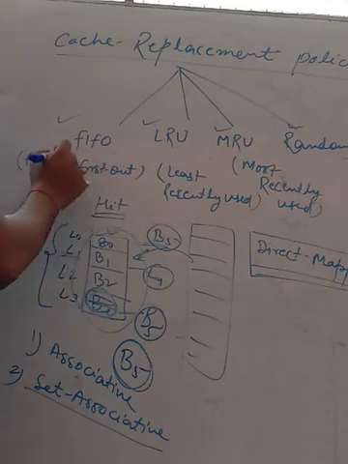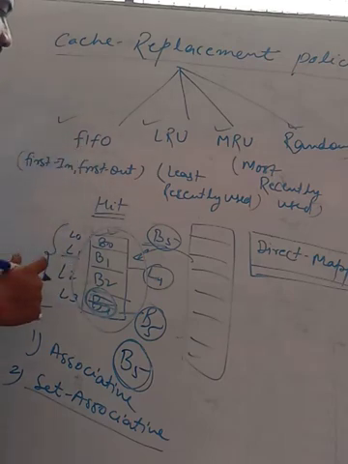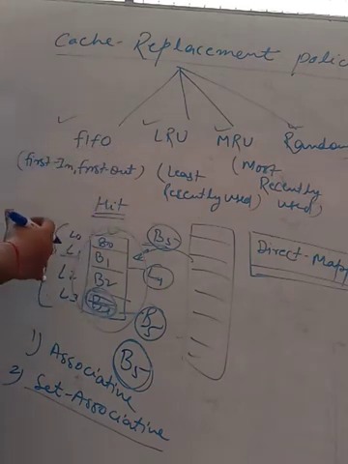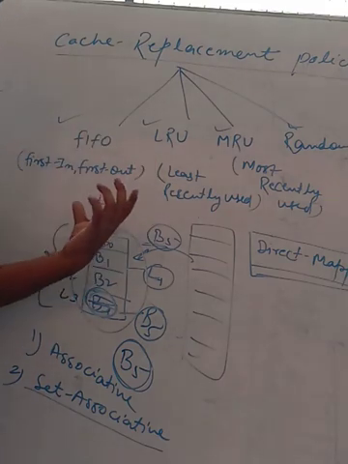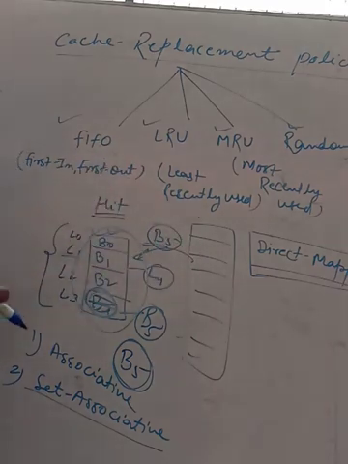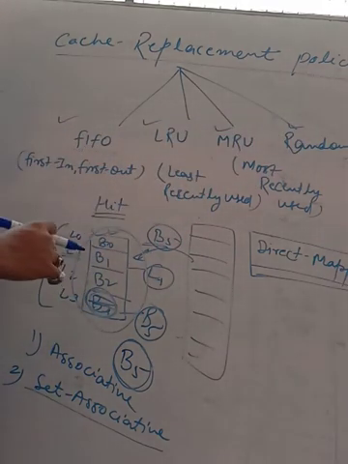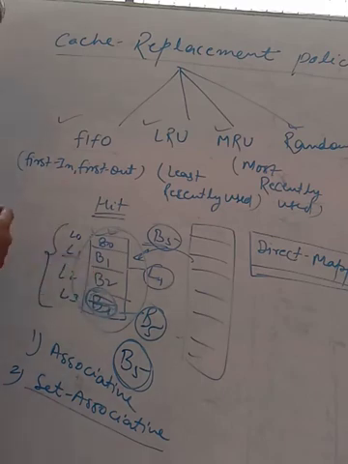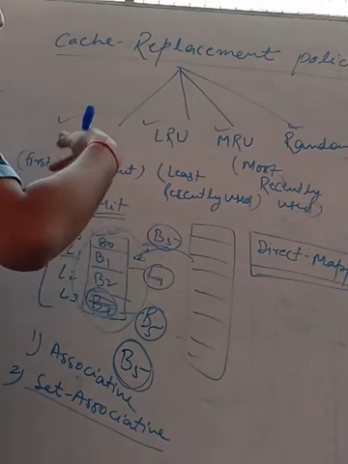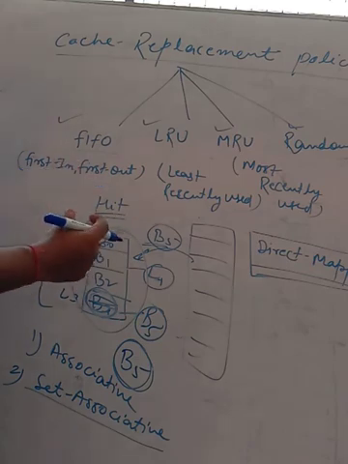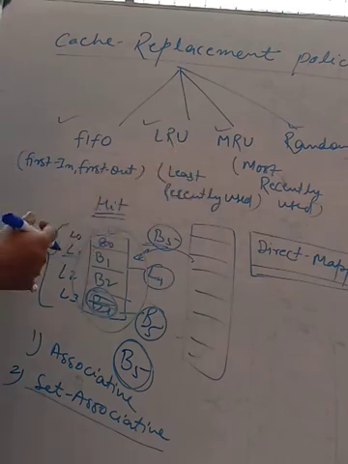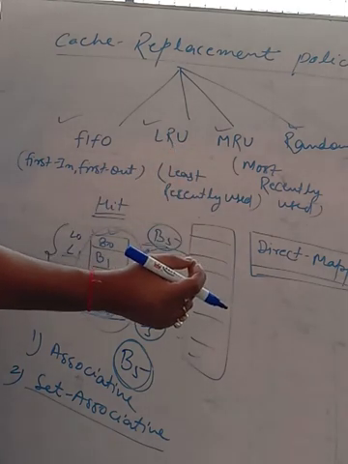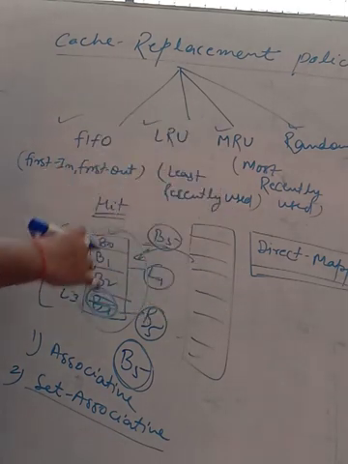In the next session we will discuss the first in first out algorithm, how it works, with an example, and what its basic advantages are. We apply these algorithms to reduce the miss ratio or increase the hits. We have to reduce the number of page faults, just as in operating systems we have page replacement policies, transferring pages from secondary memory to main memory.